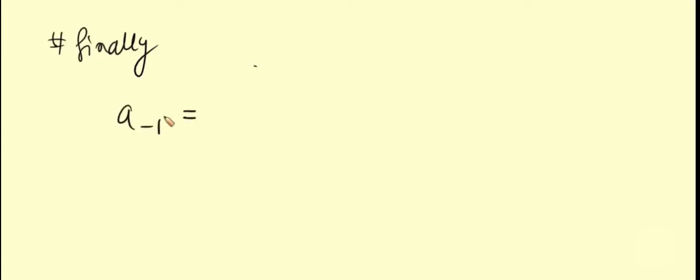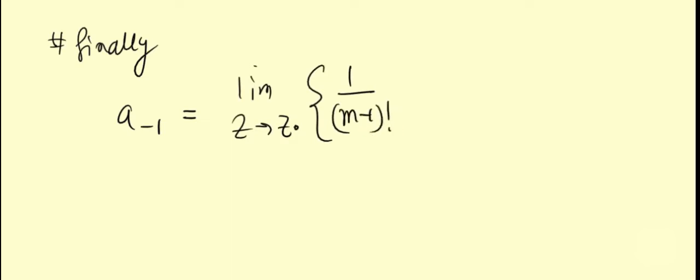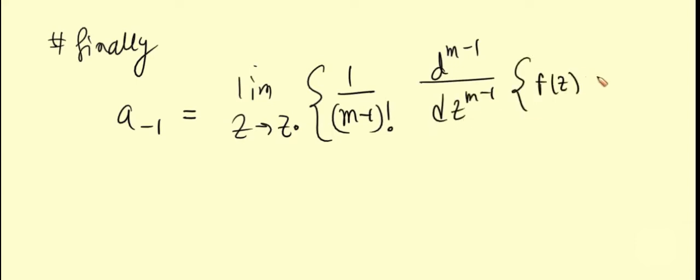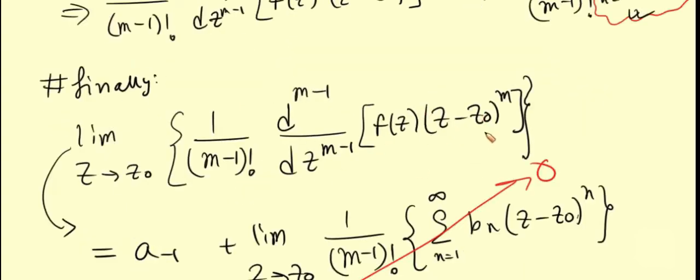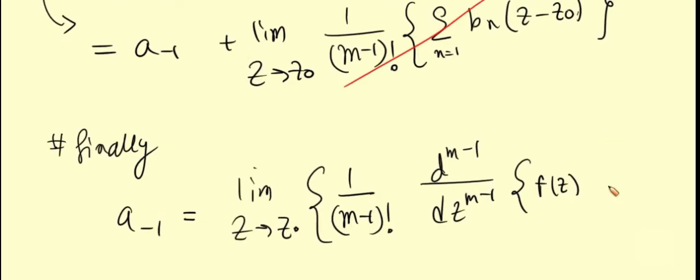a minus 1, or so to say the residue, is equal to the limit of z goes to z naught of 1 over m minus 1 factorial, d to the m minus 1 over dz to the m minus 1, of your f of z times z minus z naught to the power m.